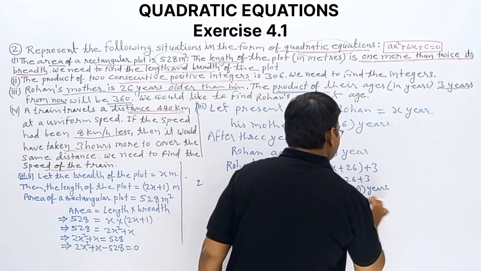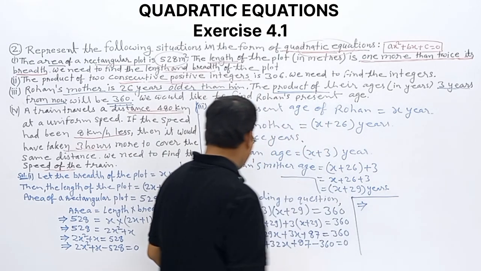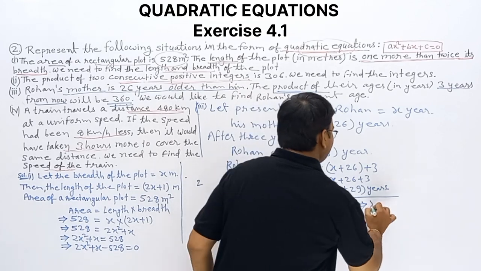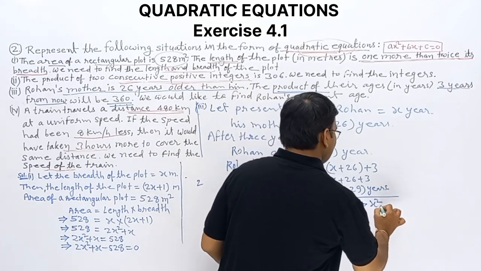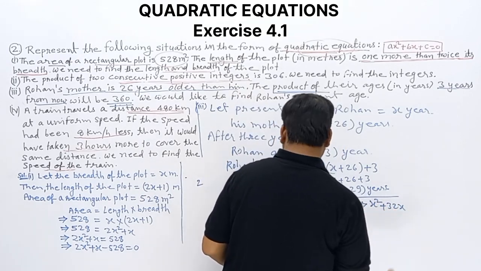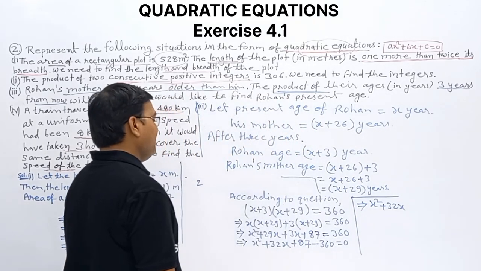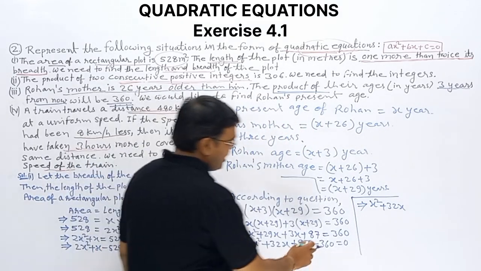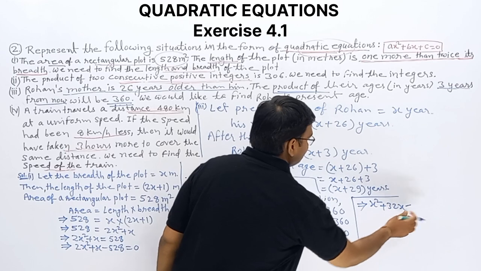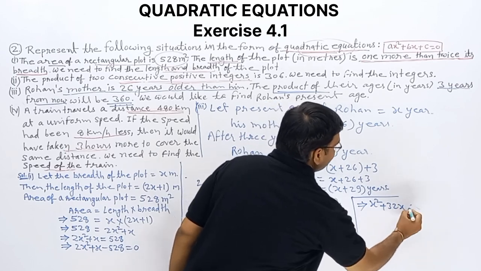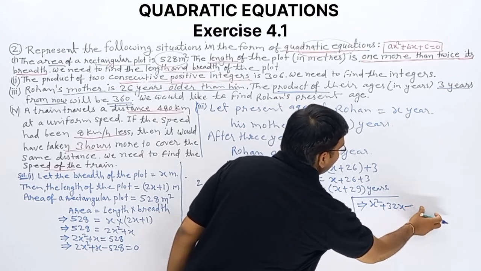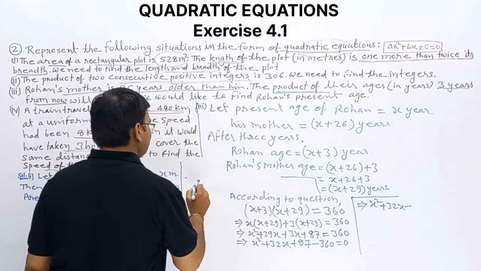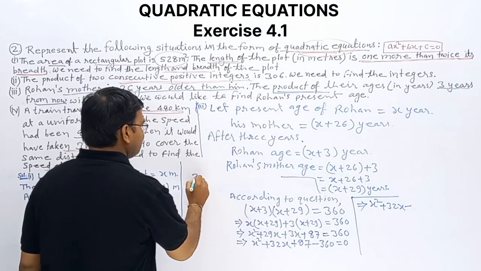I am writing there. What are we getting? x square plus 32x and the last one, 87 minus, more, the sign will be negative. Clear?